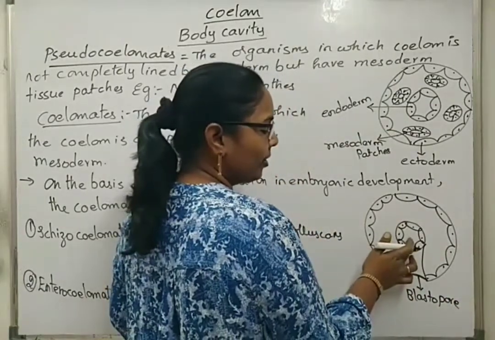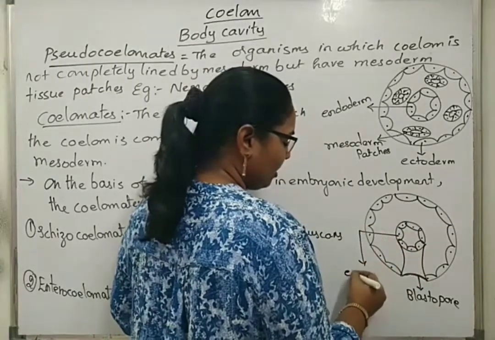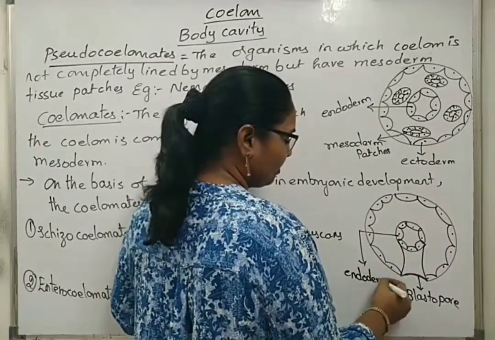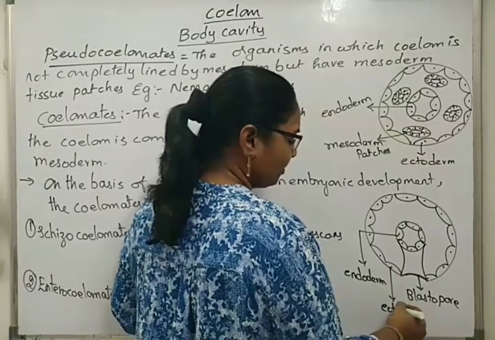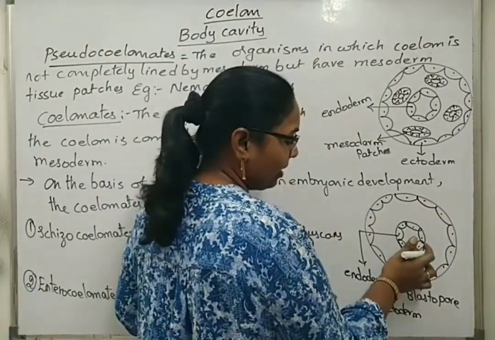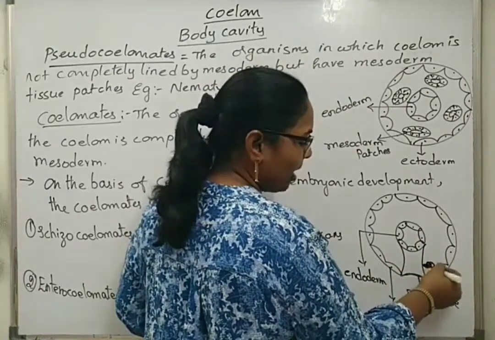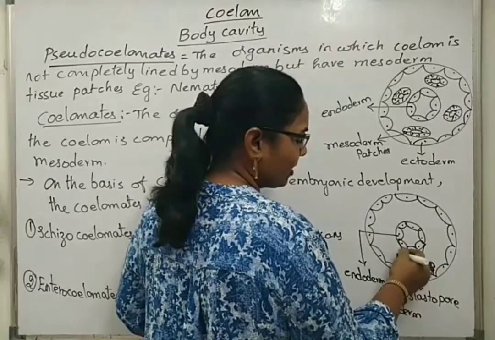Now here we have endoderm and also one blastopore. So we'll label this one endoderm, this one ectoderm. So at the junction of this endoderm and this blastopore, here arises a mass of mesodermal cells.